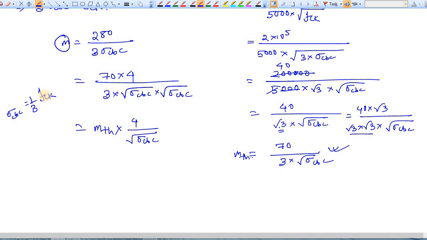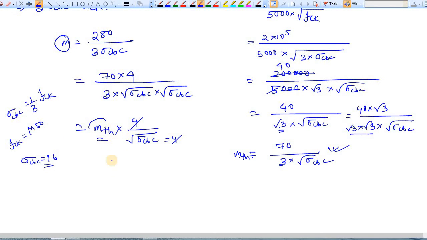When fck is of 50 grade, that is M50, in that case sigma_cbc is given as 16 in the code. Now apply it: square root of 16 is 4, and the 4 cancels, so the modular ratio becomes equal to the theoretical value.